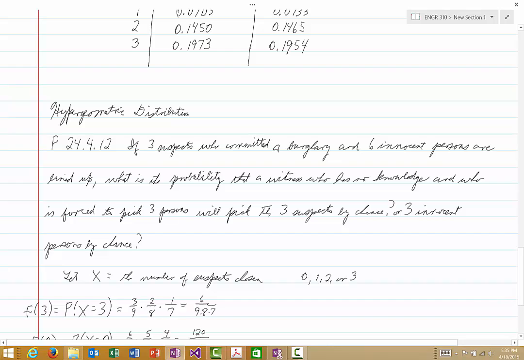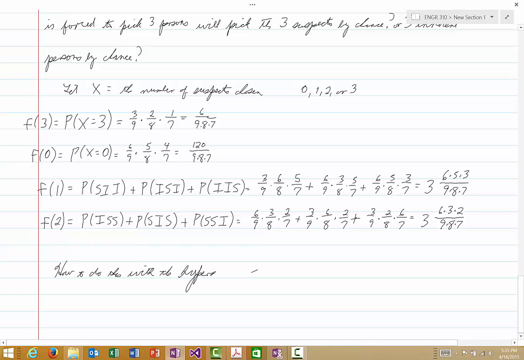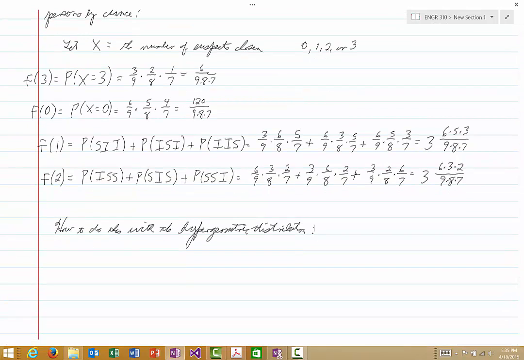In this problem, we've used methods that we've already learned about to calculate all these separate values of f, and now we will use the hypergeometric distribution. Now we'll be able to calculate all these at once, and the way it goes is this.